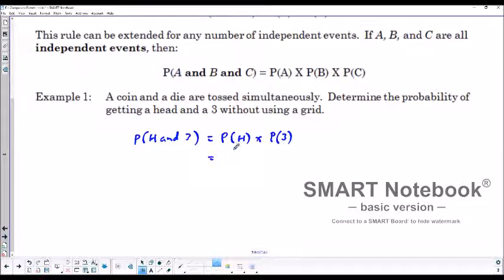We know the probability of getting a head is 1/2. The probability of getting a 3 is 1/6. Therefore, the probability of getting a head and a 3 is 1/12. All without using a 2-dimensional grid.